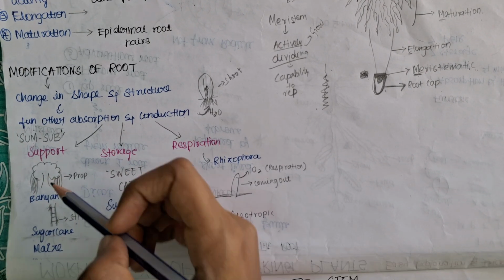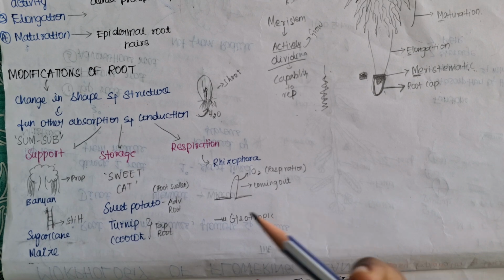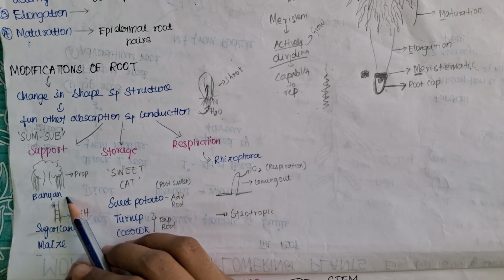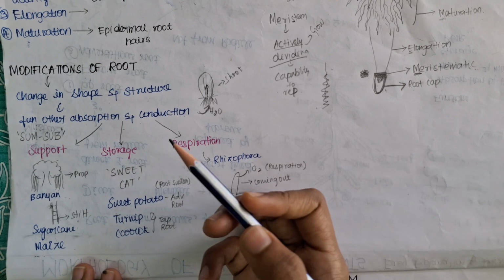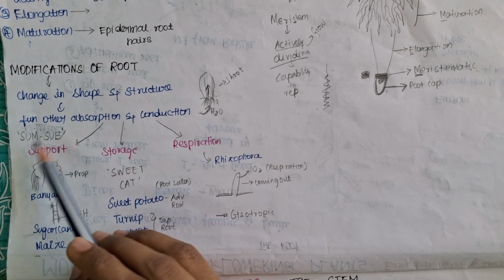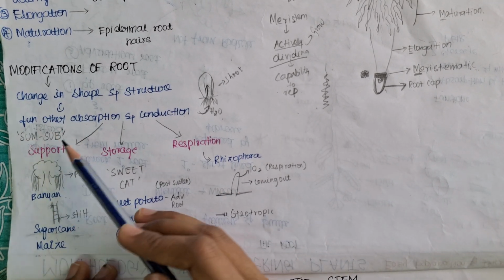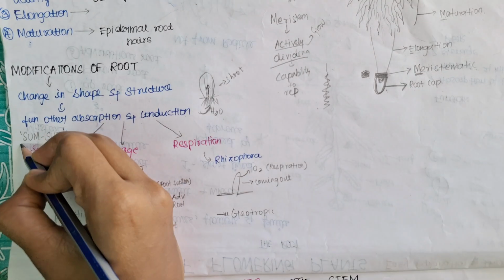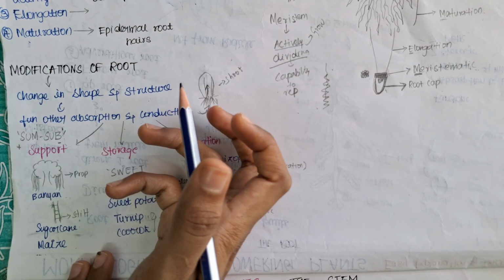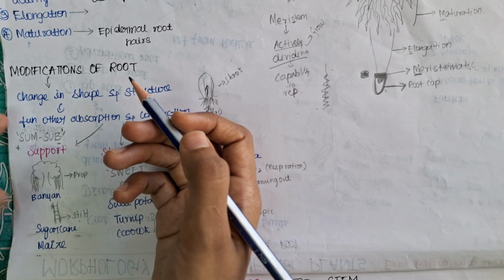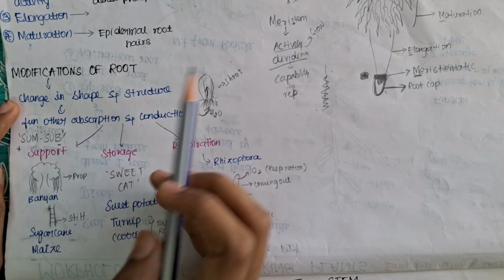So in the case of support, what are the plants? We have already talked about the banyan tree, right? Banyan tree, sugarcane and maize are the examples given, and the trick can be SUM and SUB. What is sum? It is to add. What is sub? It is to minus. If you have any other good trick, you can remember that too.